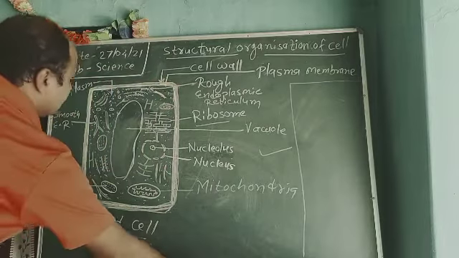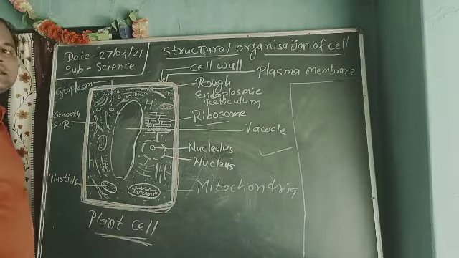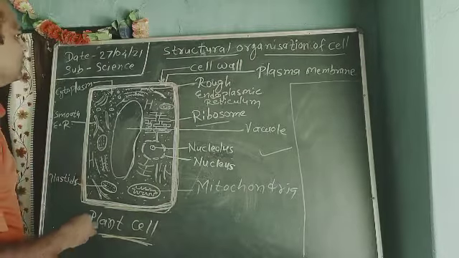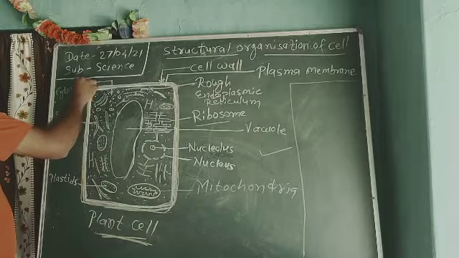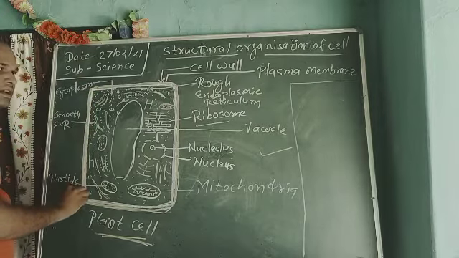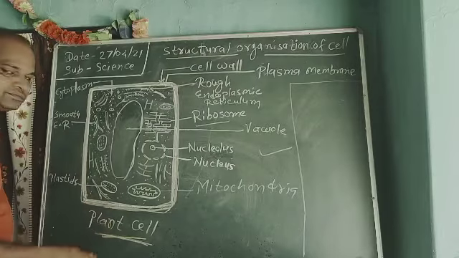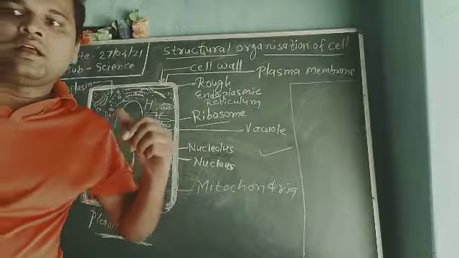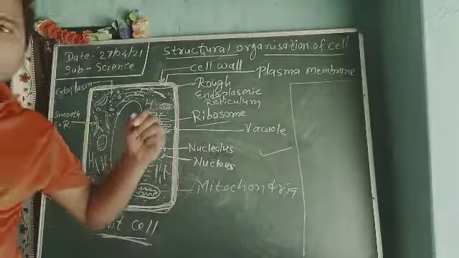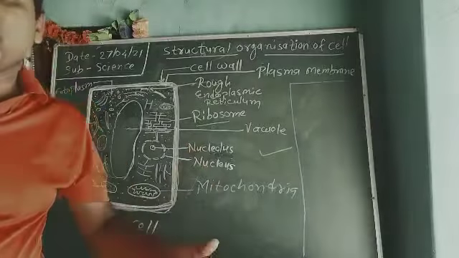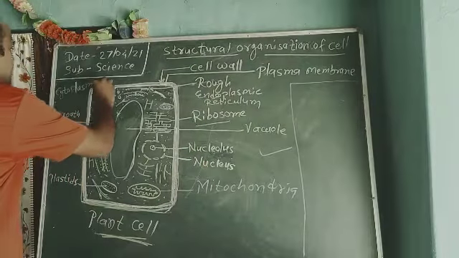And second is the plasma membrane. This is the inner layer. Every cell is bound by a thin and delicate membrane called the cell membrane or plasma membrane.